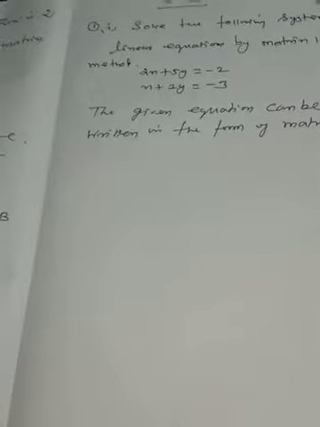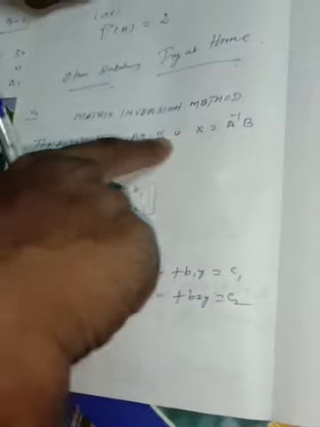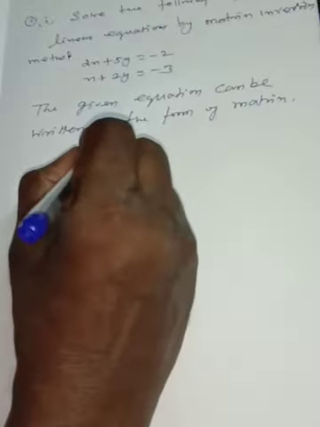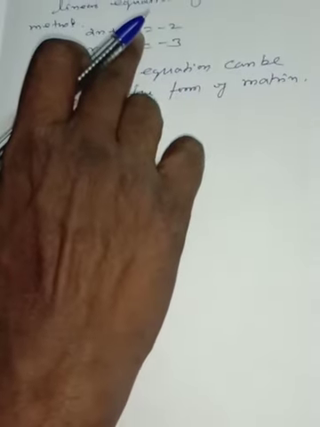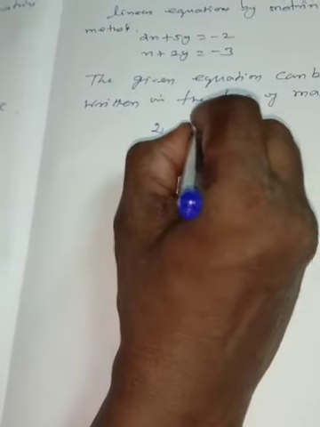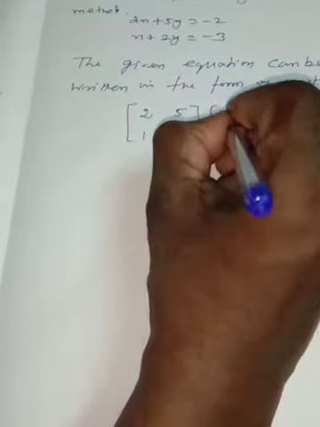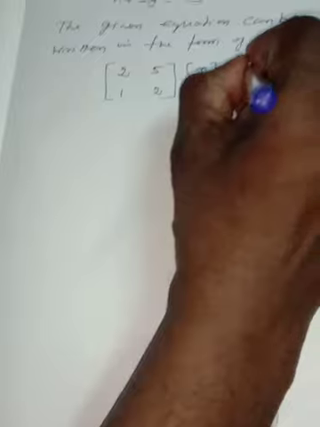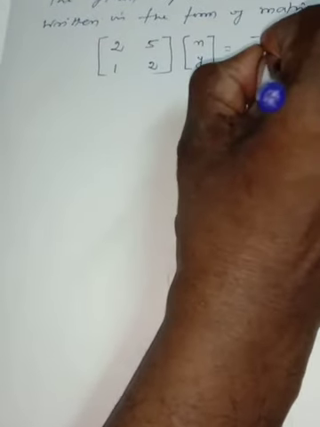Okay, now the matrix equation form is already known. Ax is equal to B is the form. So 2, 5, coefficient of x term, coefficient of y term, the first equation. Next, coefficient of x term is 1, coefficient of y term is 2, times x y is equal to minus 2, minus 3.